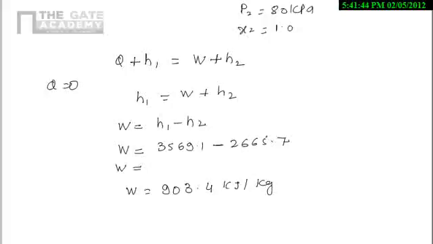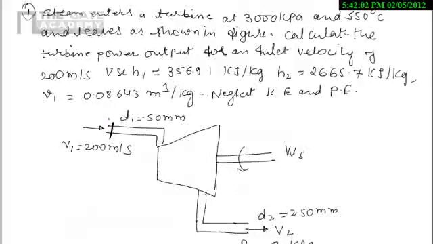So now just calculate the volume flow rate first. Volume flow rate is nothing but A1 V1. A1 is the area of cross section at point 1. Because D1 is 50 mm, we can calculate A1, that is pi by 4 D1 squared, and velocity is given, that is 200 meter per second.